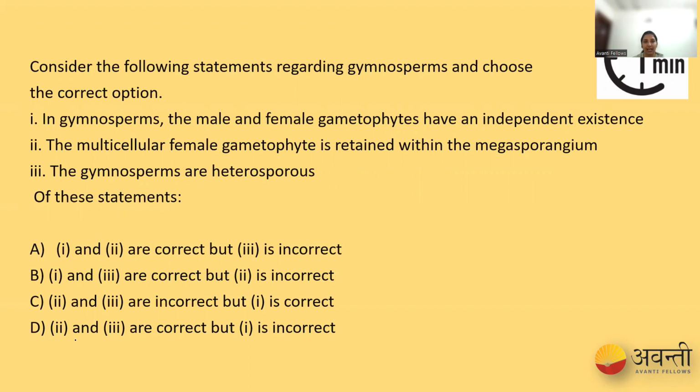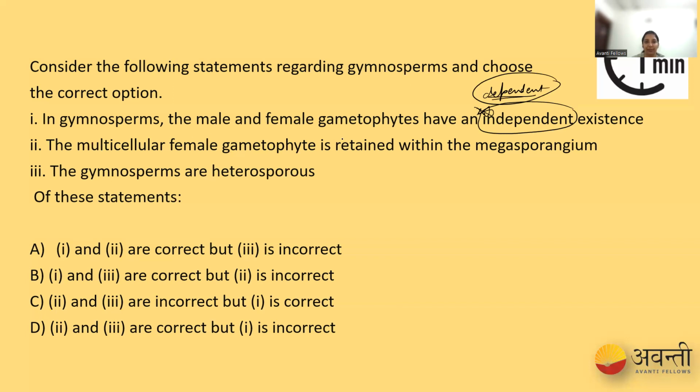So we have to find out the correct option. Statement 1 says in gymnosperms, the male and female gametophytes have independent existence. This is incorrect. They do not have independent existence. They have dependent existence. That means they are dependent on the sporophyte.